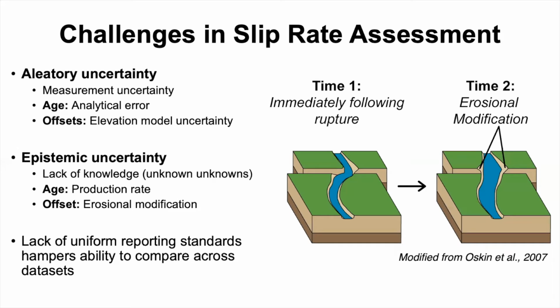Epistemic uncertainty sources are those that result from a more general lack of process knowledge, most eloquently stated as the unknown unknowns. This type of error can include production rate uncertainty in age calculations or erosional modification of offset landforms, as shown in the figure on the right. Lack of uniform reporting standards in all uncertainty types hampers our ability to make comparisons across datasets.